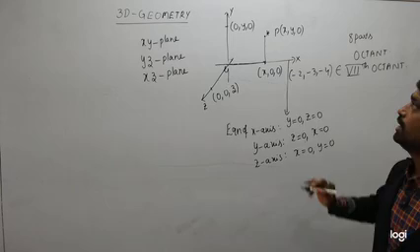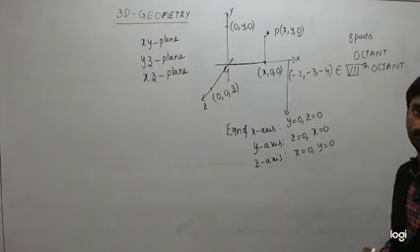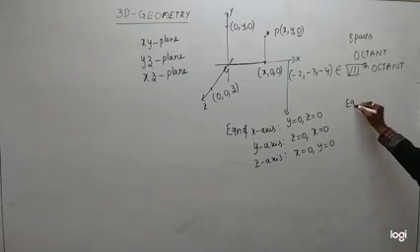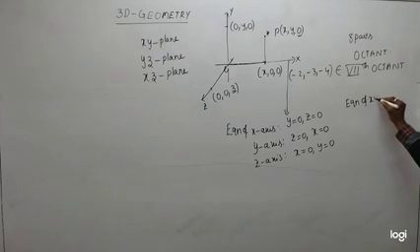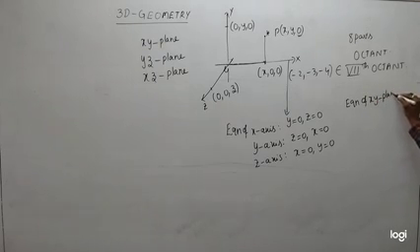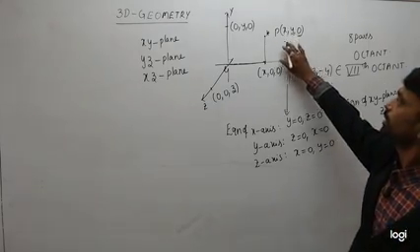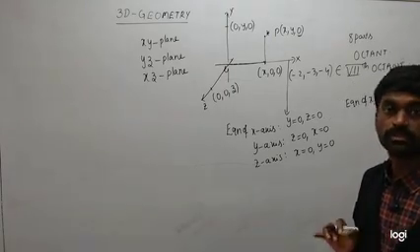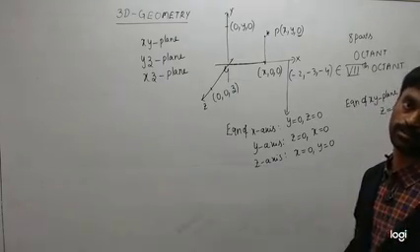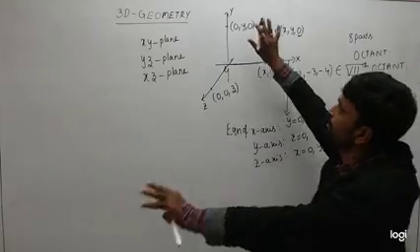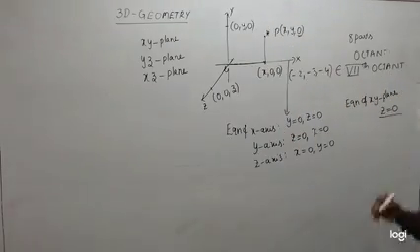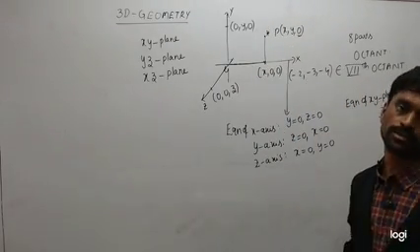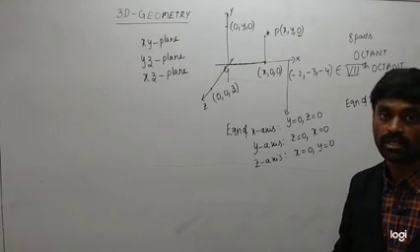Then the equation of the xy plane becomes z = 0, because if you take any point on the xy plane, the z coordinate of that point is 0. So every point on the xy plane satisfies which equation? z = 0. Okay, these are very, very basic.